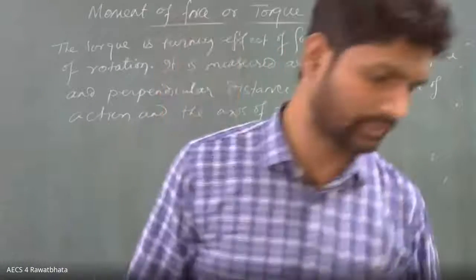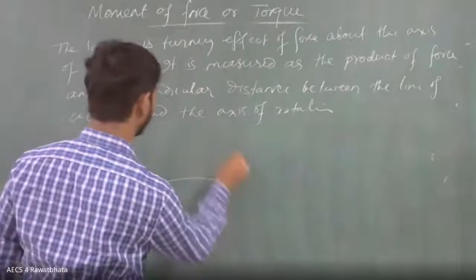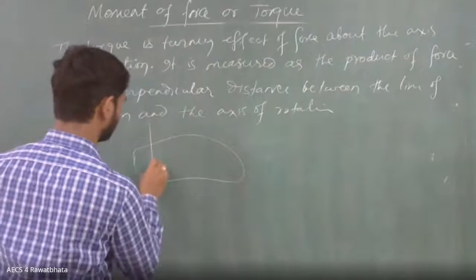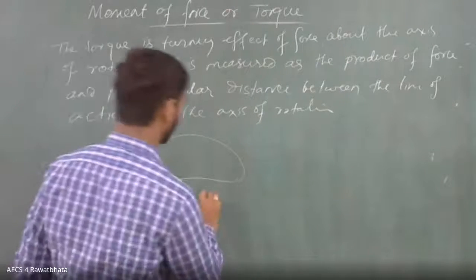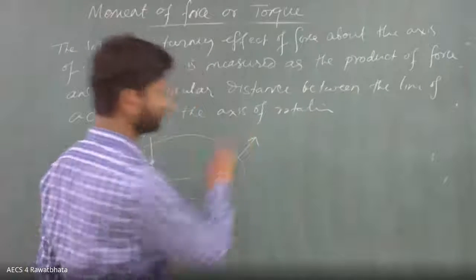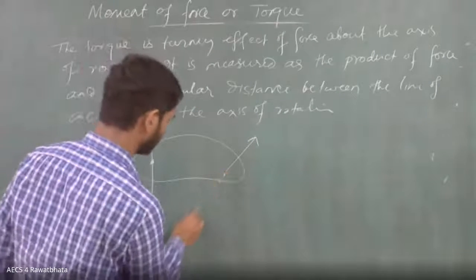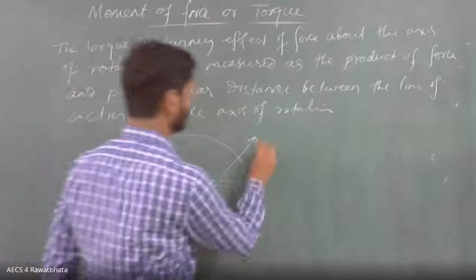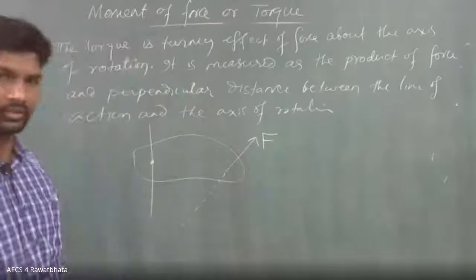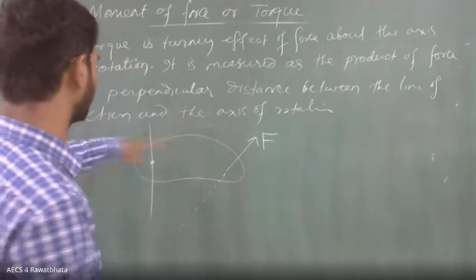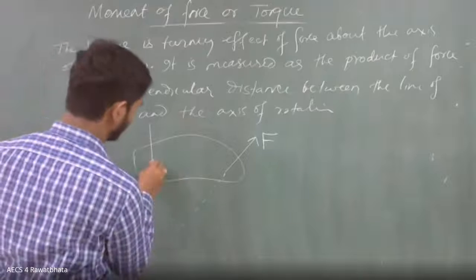Okay, so this is the thing. The object is here. Force is applied in this direction, let us say. So this is our line of action. This is force F applied to the object, which causes the turning effect, and the perpendicular distance is this one.